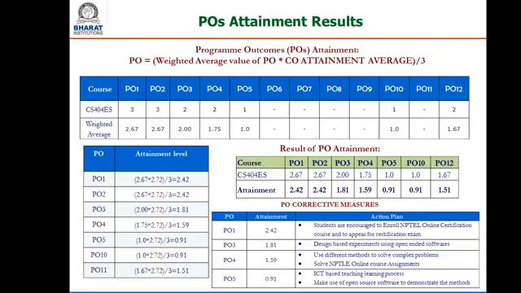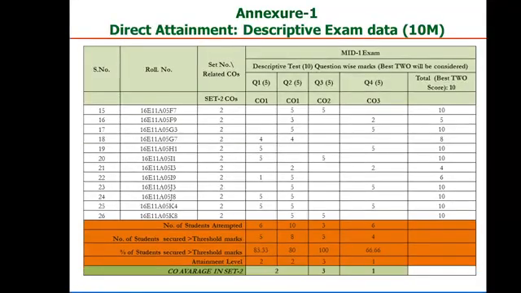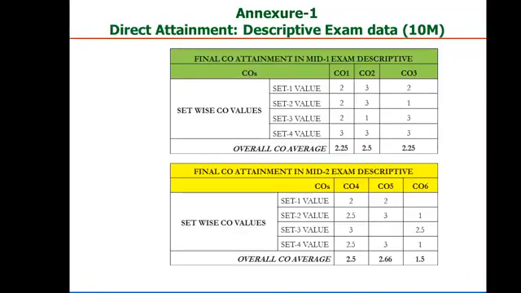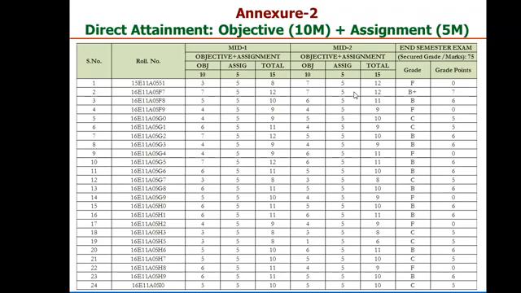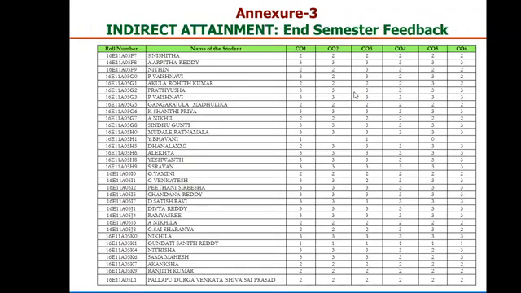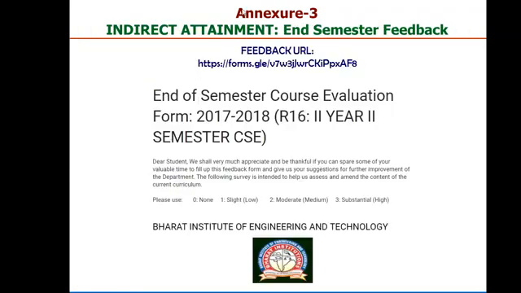So the indirect attainment values we already discussed, based on the feedback. This is one sample end semester feedback form. Feedback can be collected using Google Forms from each and every student at the end of the semester.